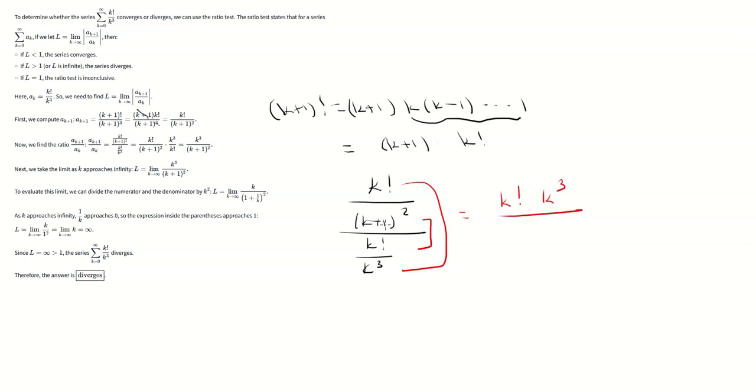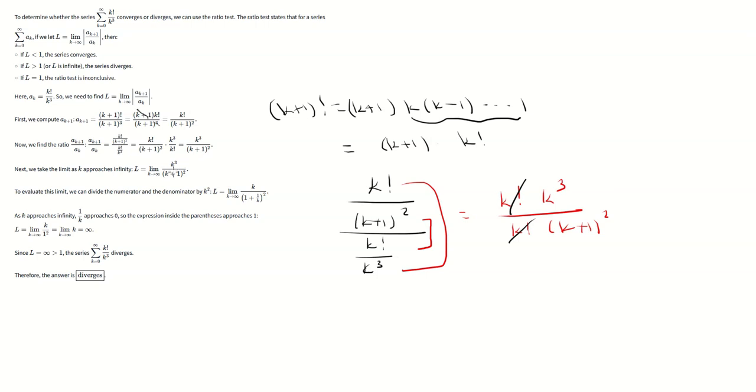And the bottom, you just have these two, k factorial times k plus 1 squared. They did it a different way here, but let's just use this way. And so the k factorials are going to cancel, so I'm just left with k cubed over k plus 1 squared.